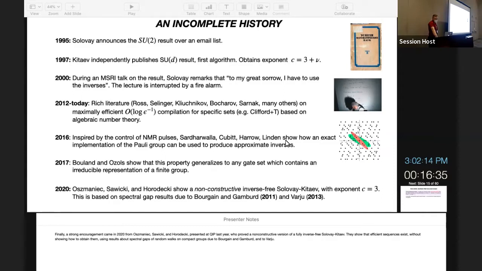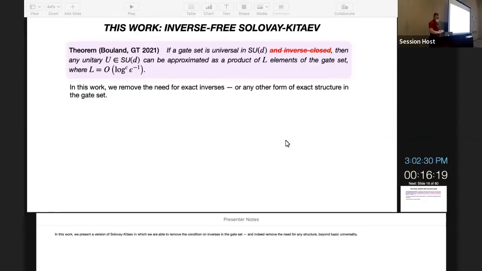Their work is based on previous results from pure math, by Bourgain and Gamburd, that deal with random walks on compact groups. They show that sequences exist, but they don't tell us how to find them. In this work, we're able to strike out this condition of inverses, and really we're able to remove any need for exact structure and perfect universality.